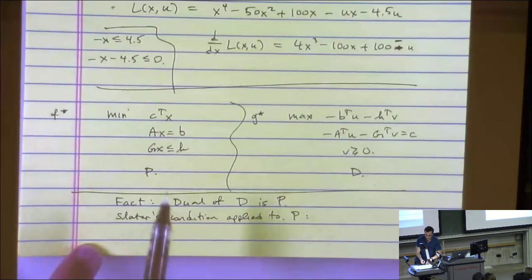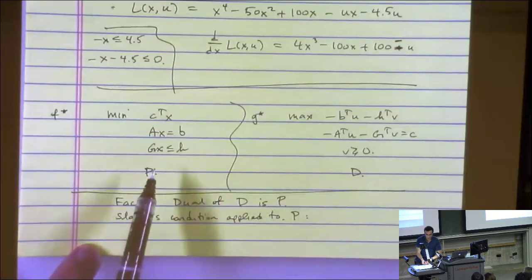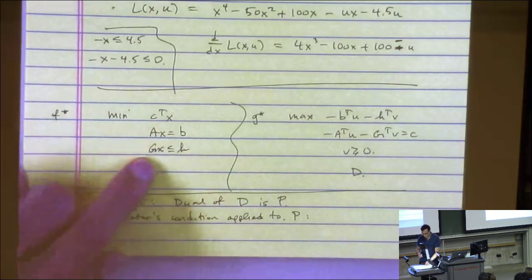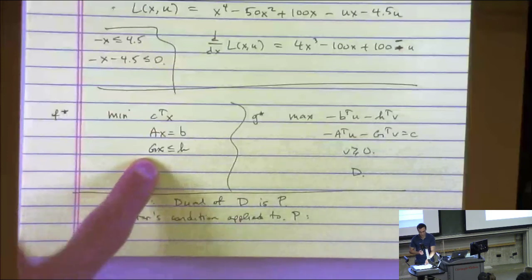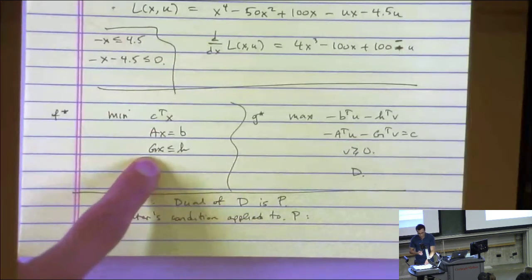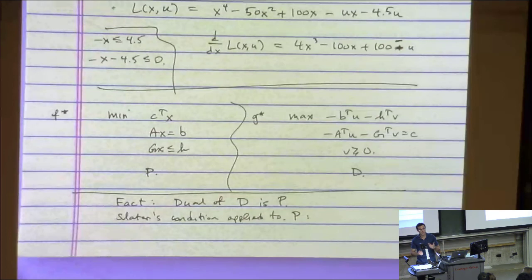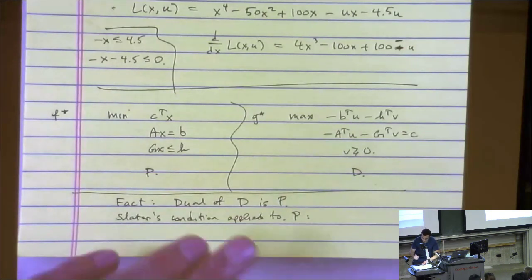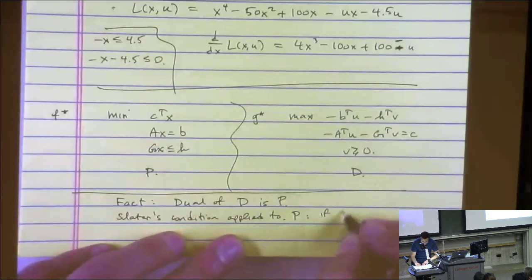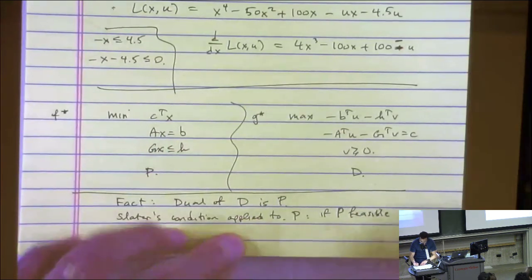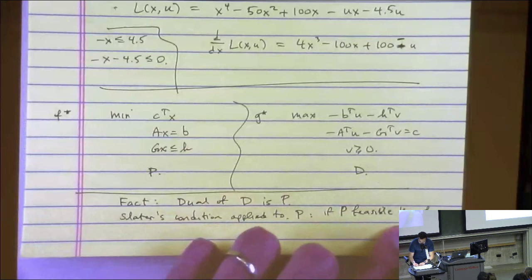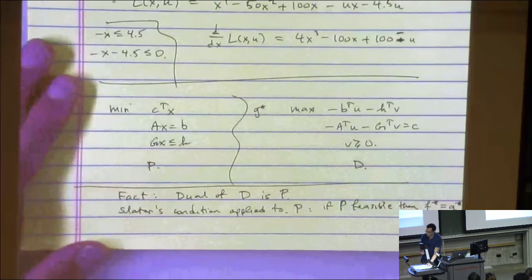But there are no non-affine inequality constraints. All the inequality constraints are affine. So in fact, Slater's condition just reduces to saying if the problem is feasible, then you get strong duality. So that's all that Slater's condition says. If P is feasible, then F star equals G star.